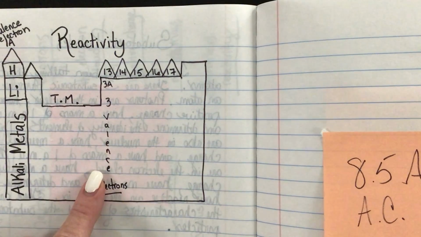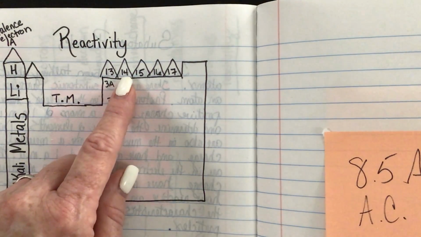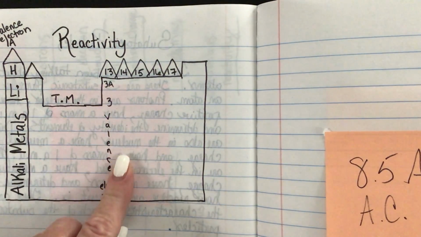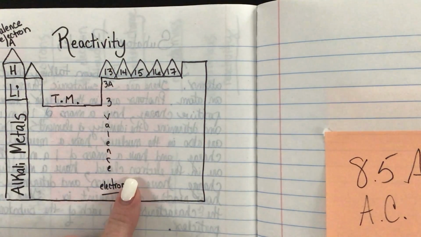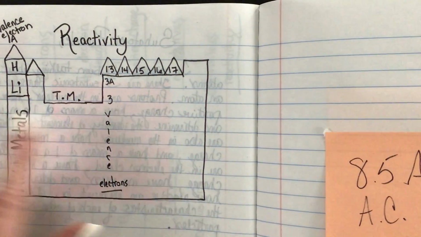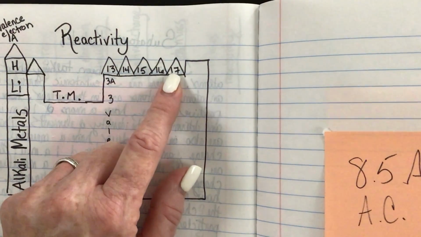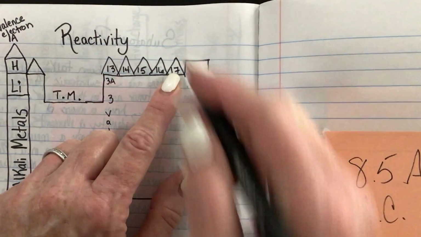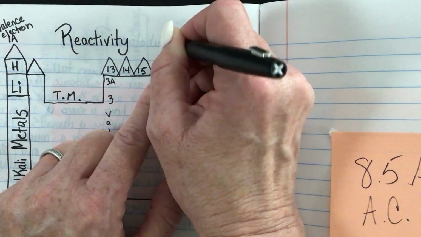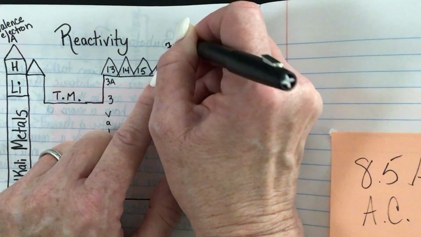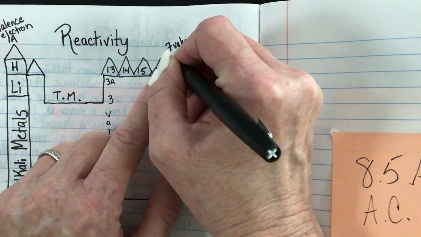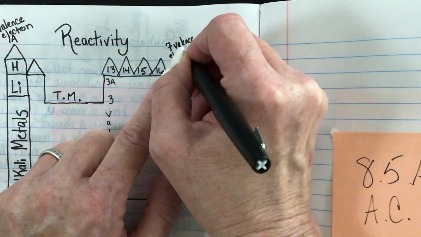Does that make sense? Every element in group 14 or 4A would have 4 valence electrons. And then we're going to get over here to group 17, which is going to have 7 valence electrons.